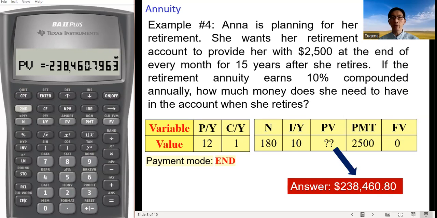This is the amount of money she needs to have before she retires in order to get $2,500 at the end of every month for 15 years. The value from the calculator is a negative value because she needs to prepare this amount of money in the bank account. So this is a cash outflow.